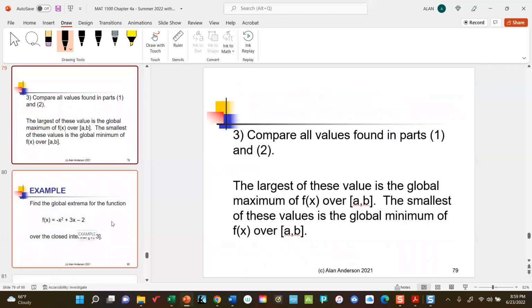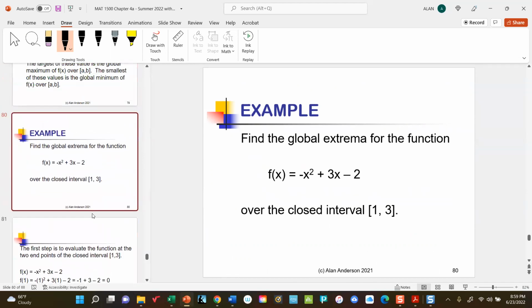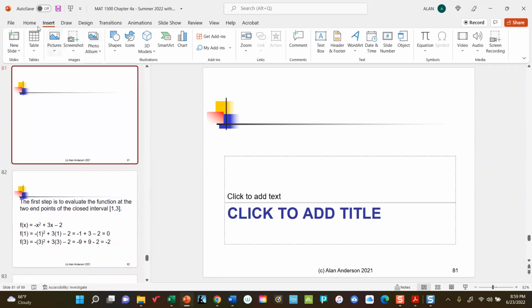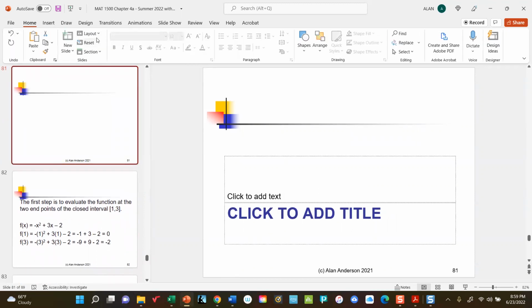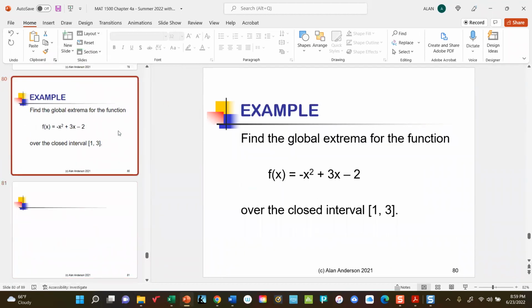All right, let's look at an example of this. We've got this function, and we're only interested in the area between 1 and 3. Now, I looked at Symbolab, and I looked very hard. And while it certainly can graph this function, I was unable to find a way to restrict the graph over the interval 1, 3.